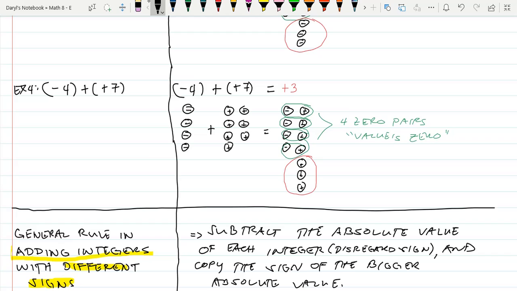Okay, so when we say absolute value, again, we are just disregarding the sign. So in essence, we're just getting the whole number.